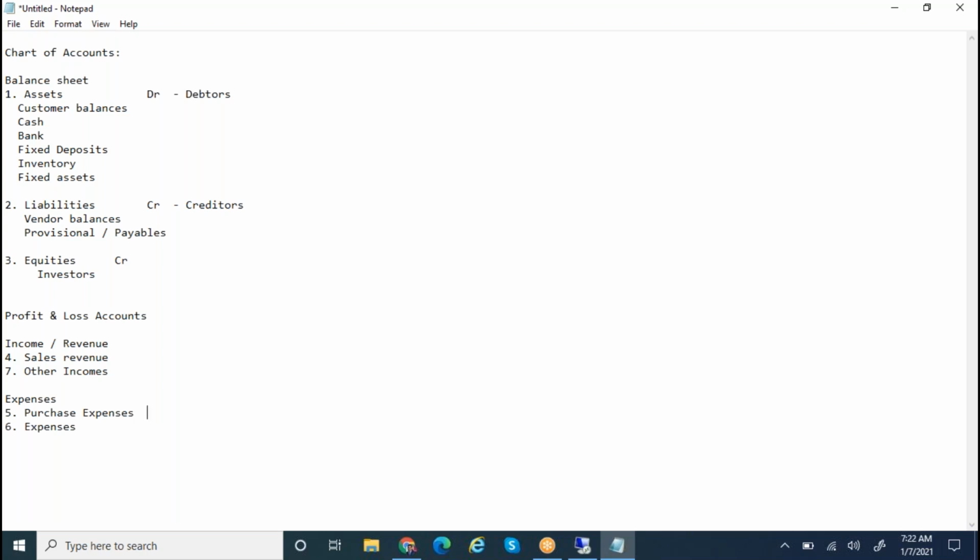This is if you are purchasing trading items, then it will be there. This purchase expenses is actually called cost of goods.